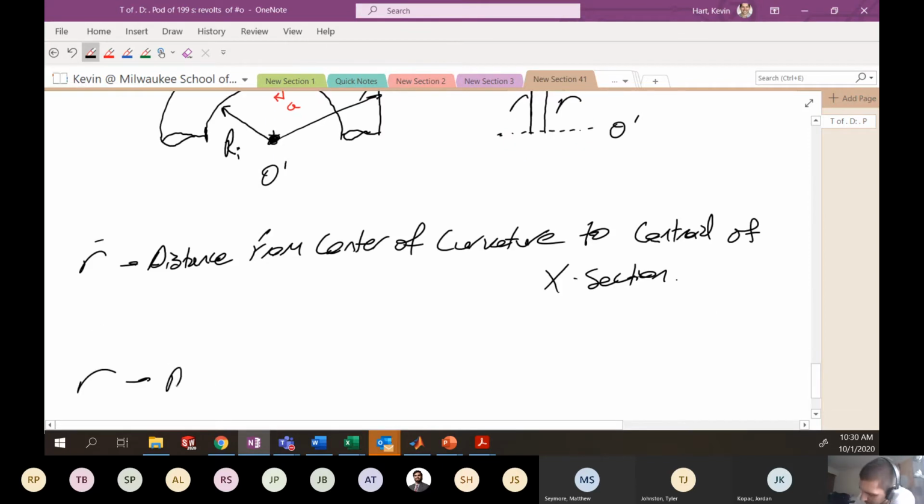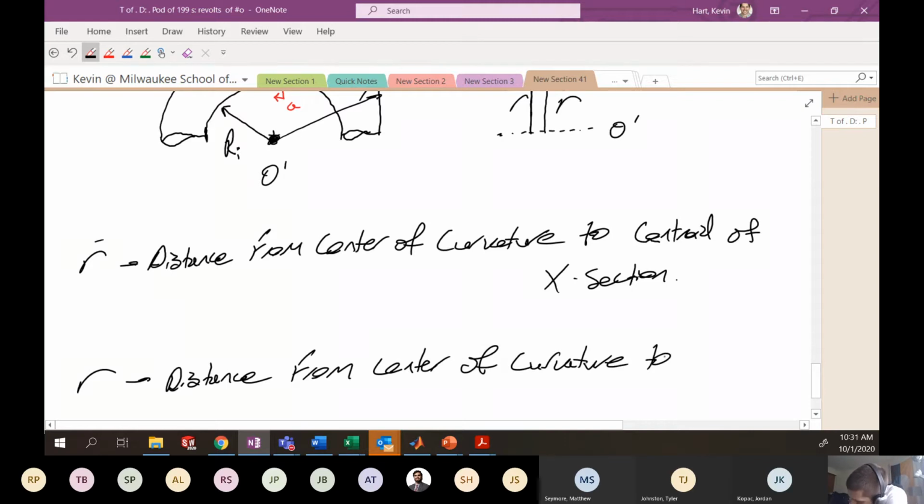Little r is your distance from the center of curvature to the point of interest.